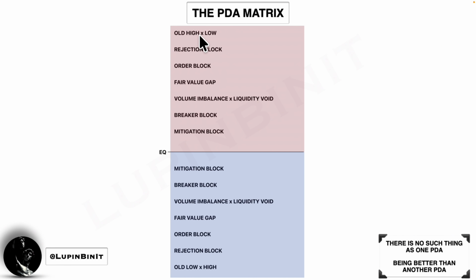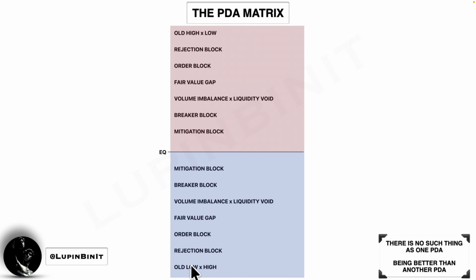So you have your old high or low, rejection block, order block, fair value gap, volume imbalance or liquidity void, breaker block, and then mitigation block. The mitigation block is the last PDA array within the matrix before approaching the equilibrium. And once the equilibrium is crossed, the PDA arrays are now referred to as discount arrays.